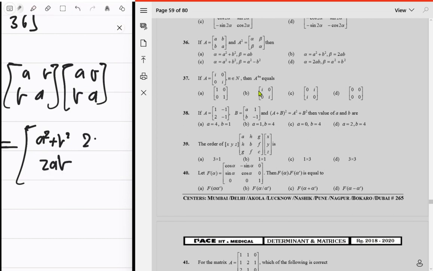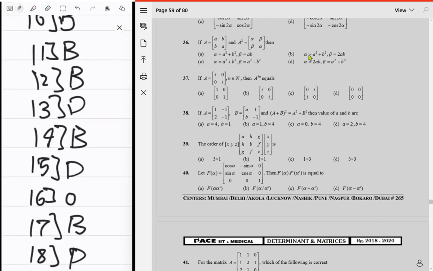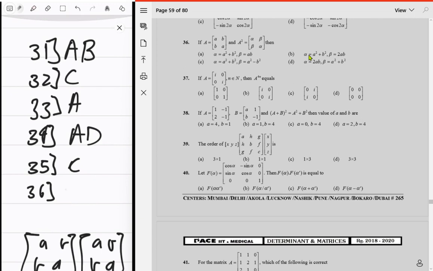And by symmetry, this is also going to be the same thing. So alpha is a squared plus b squared, beta is 2ab, no big deal. B is correct. Do they even have to put such questions?